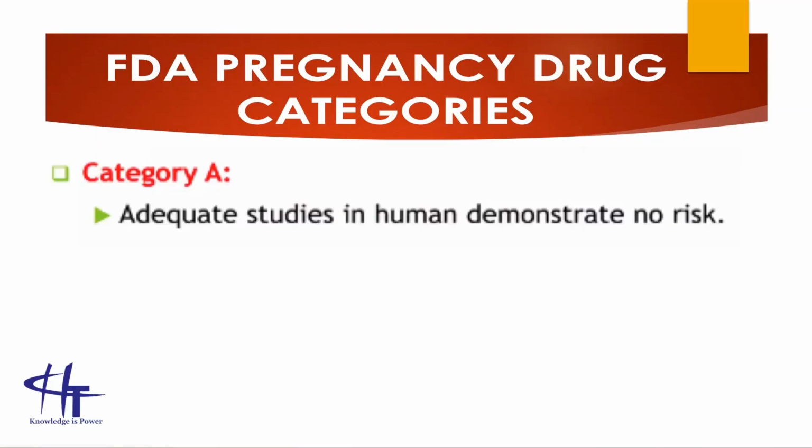Now, category A drugs. These drugs basically have not demonstrated any risk to the fetus. Adequate studies in humans have been done, and the good news is that we have not seen any risks of these drugs being used in pregnancy. An example would be iron and folic acid, because you will see these drugs being given as supplements to pregnant mothers.